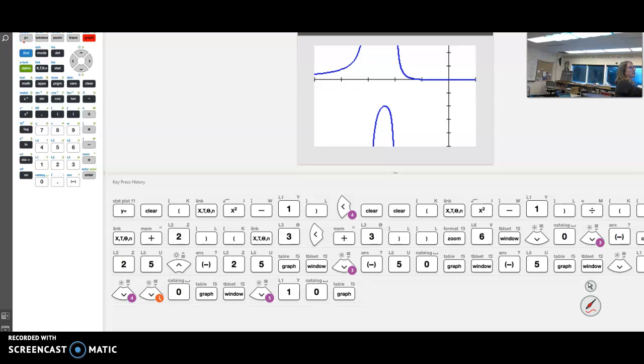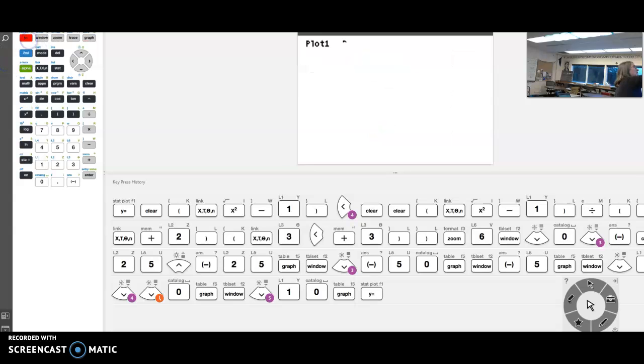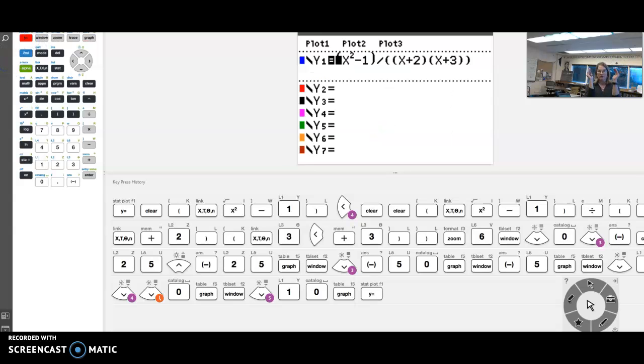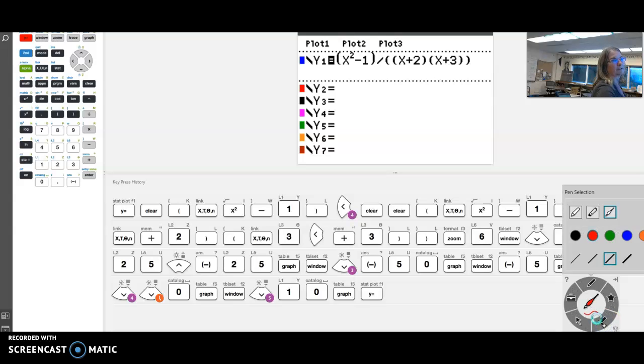If you're going to put it into your calculator, you need to make sure you put the entire numerator in parentheses, x squared minus 1 in parentheses, and then the whole denominator also has to get put into parentheses. So I needed a double parenthesis here for the denominator, and then each factor had to be also put in parentheses.